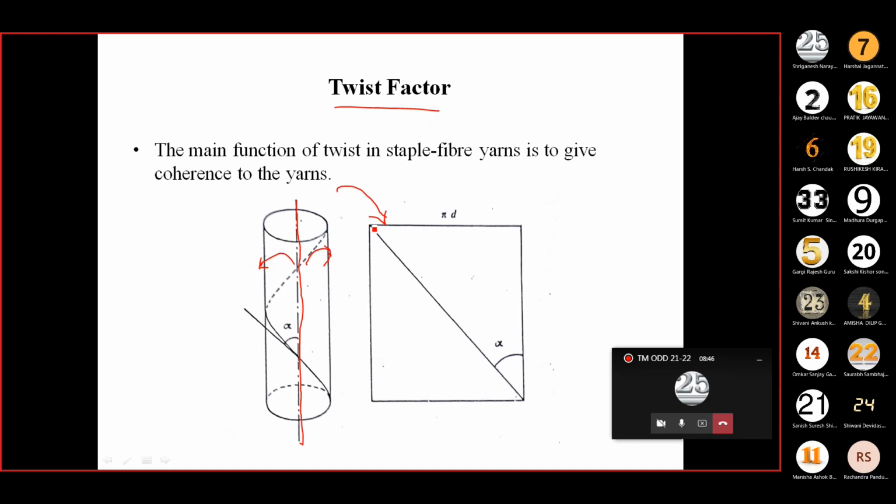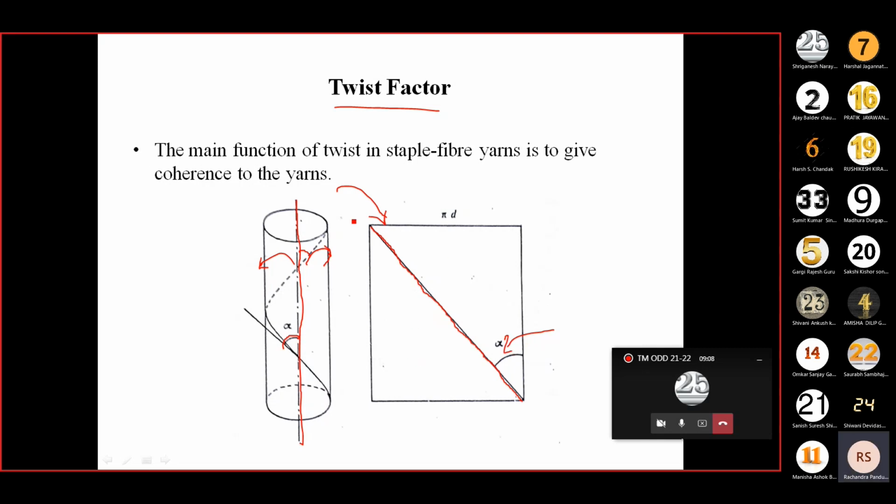And if I take the fiber, then we can find out this angle. Here you can see, this angle we can find out.